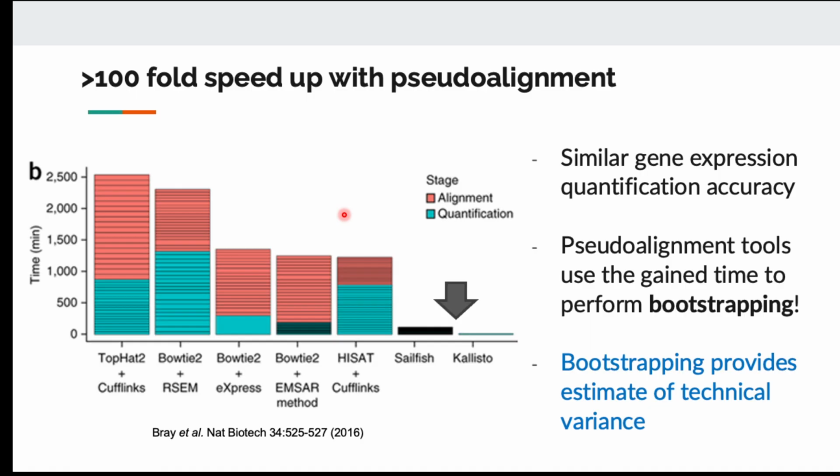That gives you the same average expression of 100, but in terms of statistics, in terms of analysis, knowing that it's 100 plus or minus 5 versus knowing that it's 100 plus or minus 20 makes a lot of difference. And the only way you can tell whether your expression level is variable or not is to do bootstrapping.